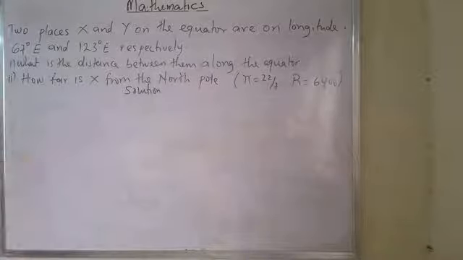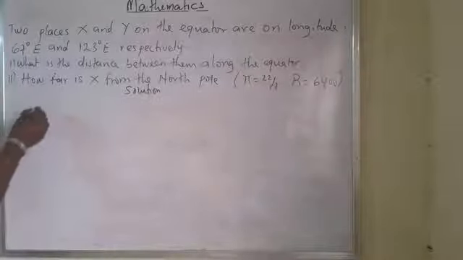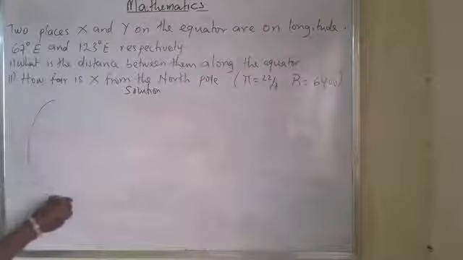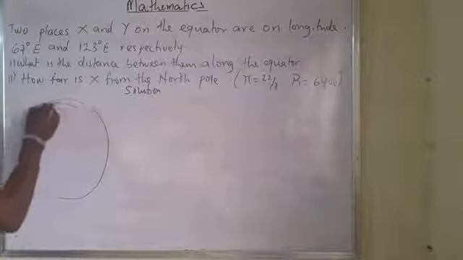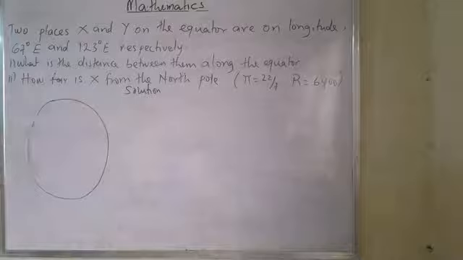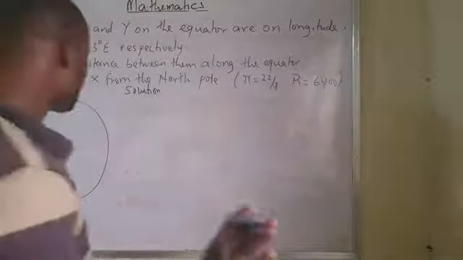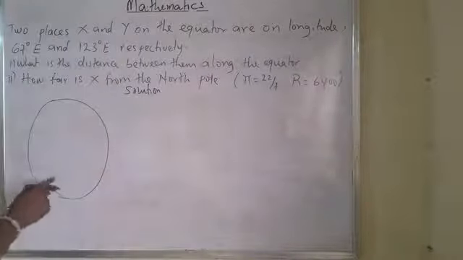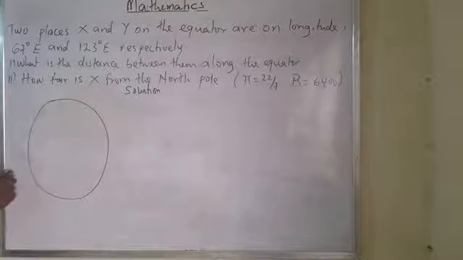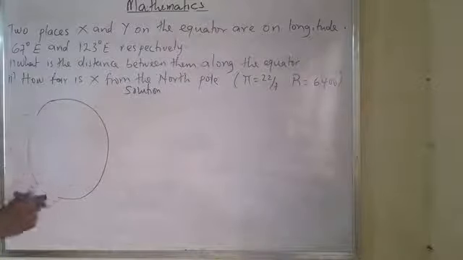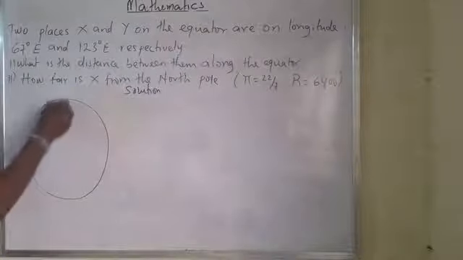Solution to this problem. Now, if I am to solve this question, the first thing I will do, record that we're talking about the equator. Now, it means I will be generating something like this. Once you can draw this, and you know how to handle a circle, the formula for the length of an arc, you will get the others.